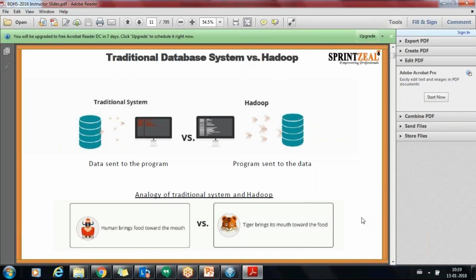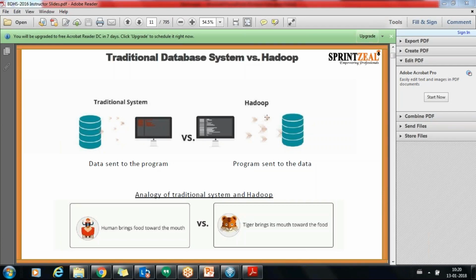All right, very good. So let's talk about this particular slide where we're discussing the traditional database versus Hadoop. Now, in the traditional system, if some of you are from C++ or Java or any other programming model, usually you will be having some database, right?